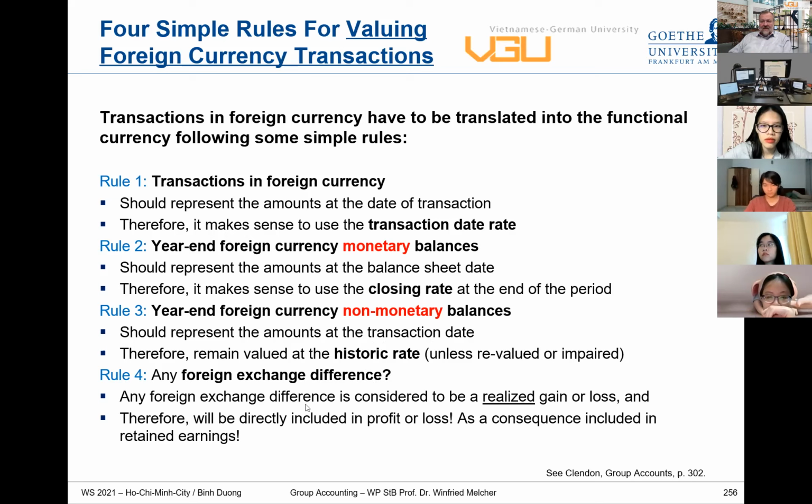Well, any foreign exchange difference is considered to be a realized gain or loss, and therefore it will go directly into profit and loss, and as a consequence included also in equity in retained earnings. So these are the four rules that we have to apply when we have transactions that will be translated into the functional currency.